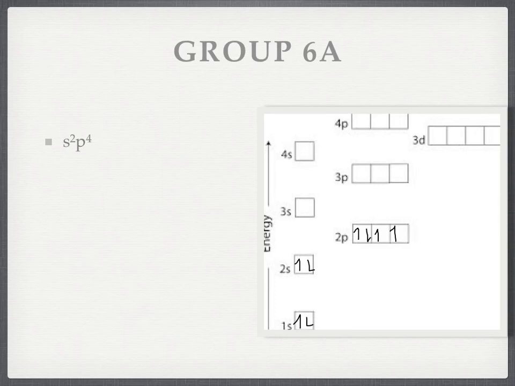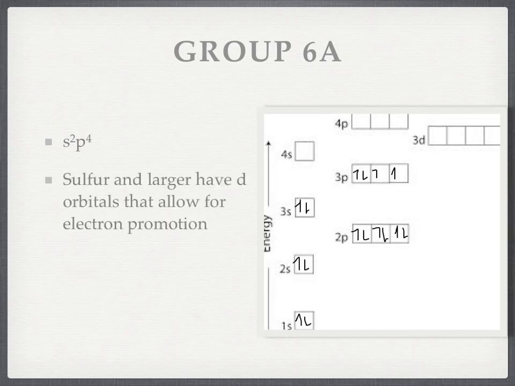Let's take a look at group 6. They would have 2 in the s, 4 in the p. Sulfur and above, because they're big enough, have an available d sublevel. So oxygen wouldn't be able to do this. Sulfur can promote this electron, can promote that electron, can move them up to here.